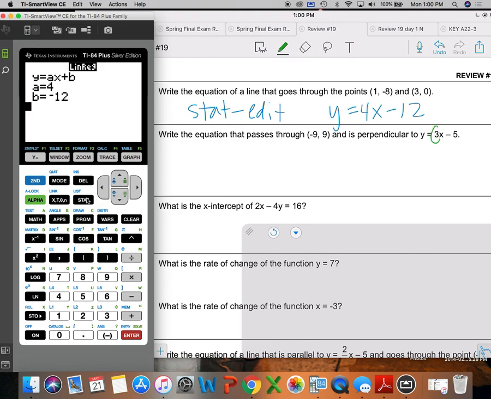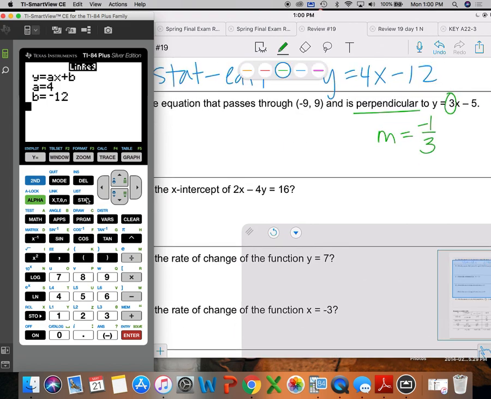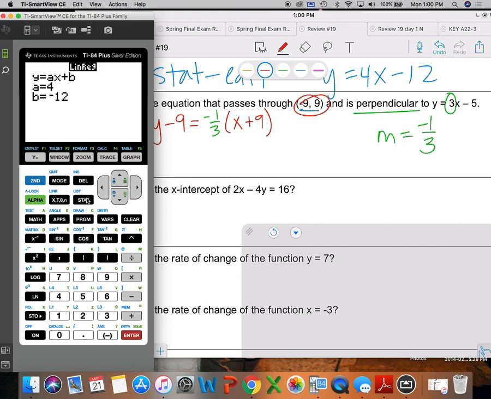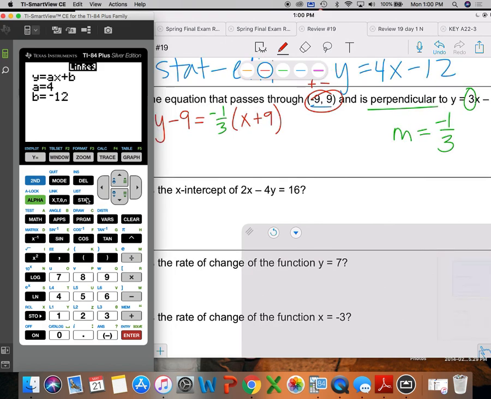Problem 33 wants something that is perpendicular to this equation. So perpendicular would have the slope of -1/3. Again, I have a point and a slope, so I will plug in a point slope. Y minus y equals m times x minus x. And again, my signs here change, so this becomes a plus and this becomes a minus.